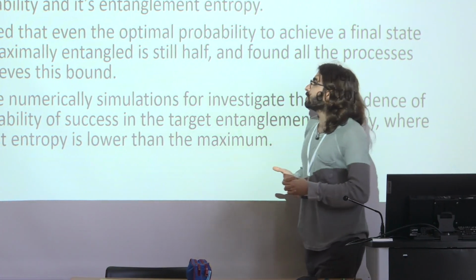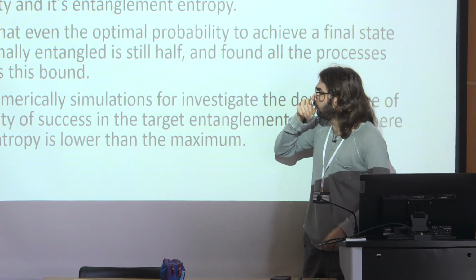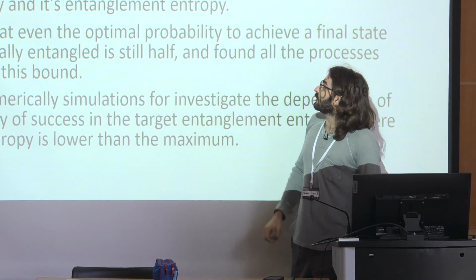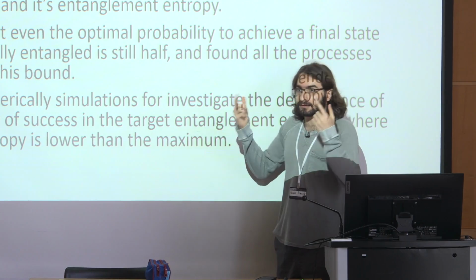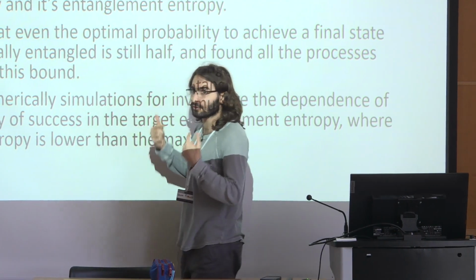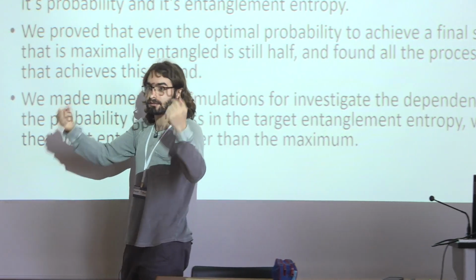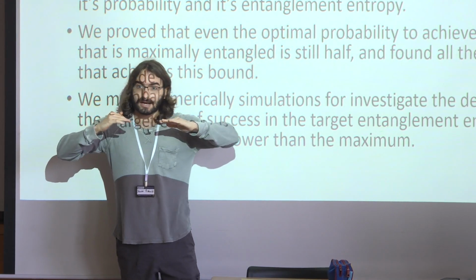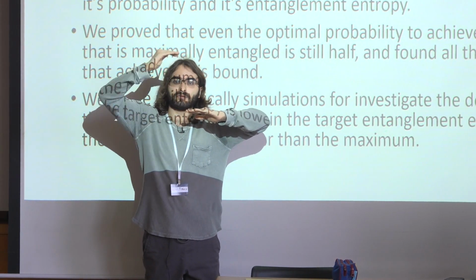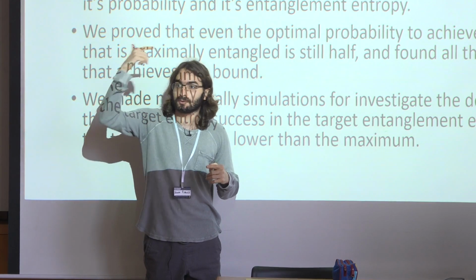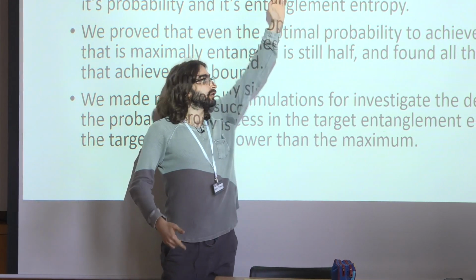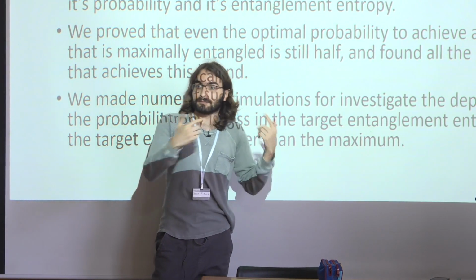So actually, there is an article that cited us that did some numerical simulation, and they showed that with ancilla qubits, you can get a larger probability for the generalized fusion than for the Bell measurement.